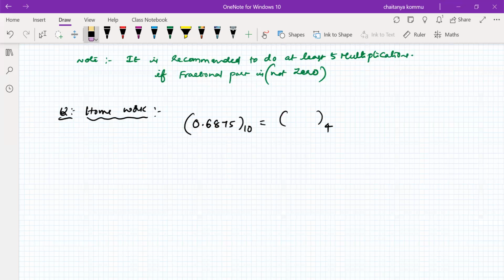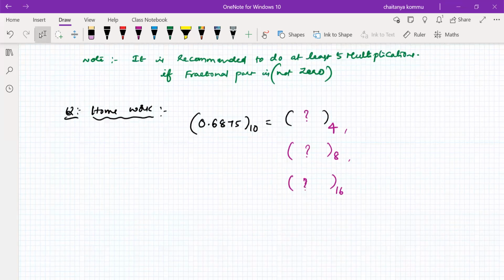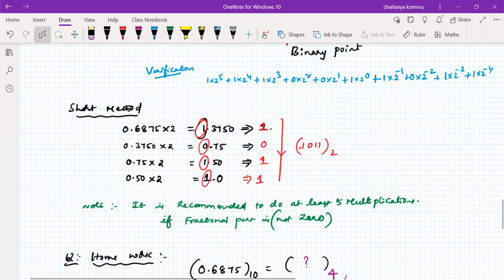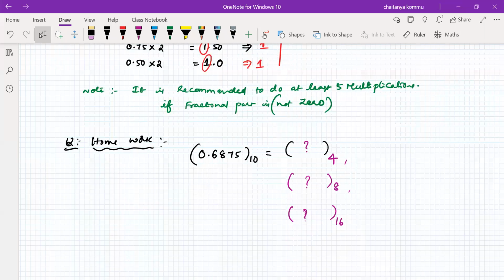Base 4, base 8 and base 16, you have to do this. What is the fractional value in this particular number system? Same thing; the only difference is that instead of multiplication by 2, we use multiplication by 4, by 8, by 16. If you get the fractional part 0 after some multiplication, it's okay. Otherwise, you have to do at least 4 to 5 multiplications.